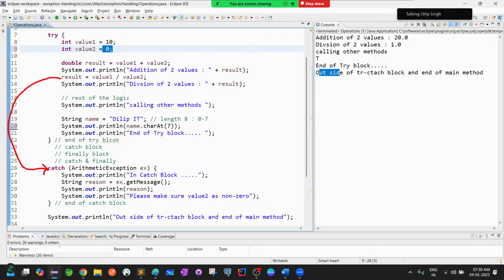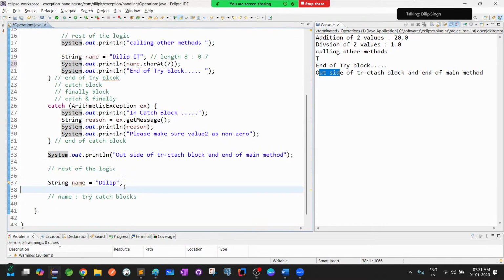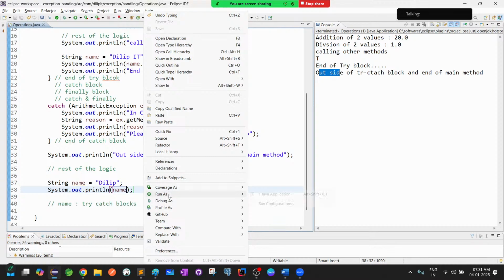Whenever JVM jumps to the catch blocks, the rest of the logic, since you got the exception at line number 30, is not executed from the try block, and it will execute the catch block. Then once the try-catch block is executed, it will move to the next lines of the logic. If you have all other logic here, those will all be executed. If you want, I can print this name also, something like that. So see here.